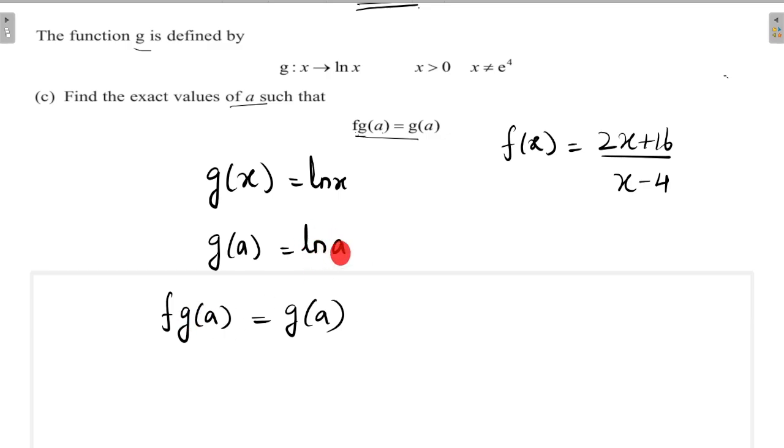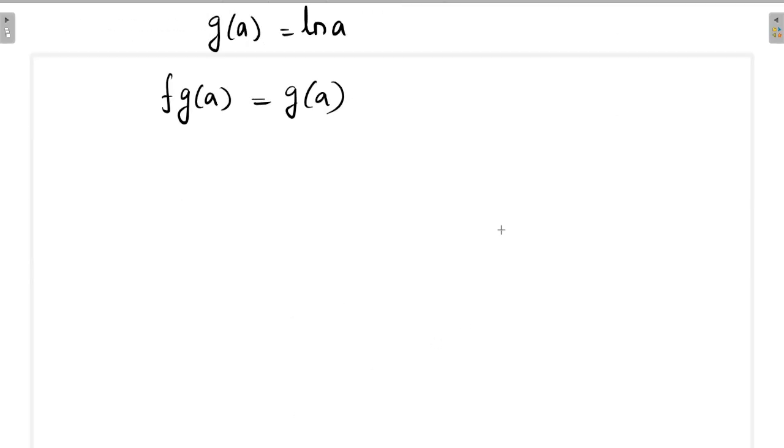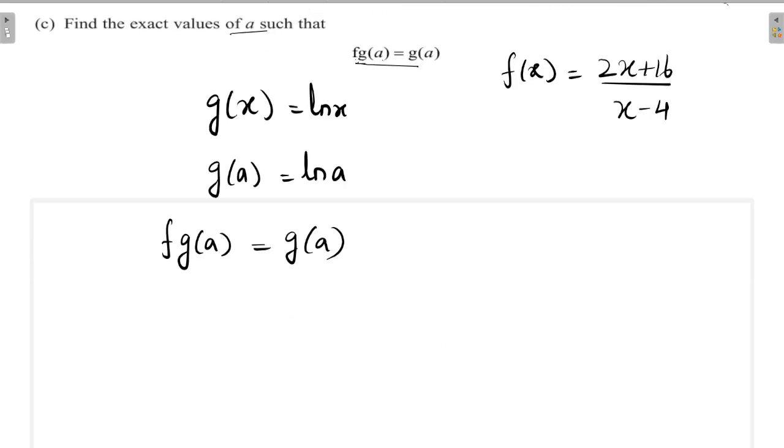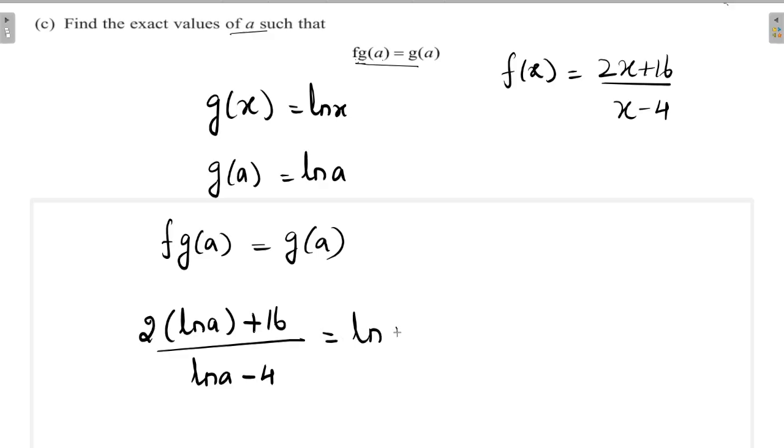So g of a is ln a. So this expression is (2 times ln a plus 16) divided by (ln a minus 4), which is equal to ln a.